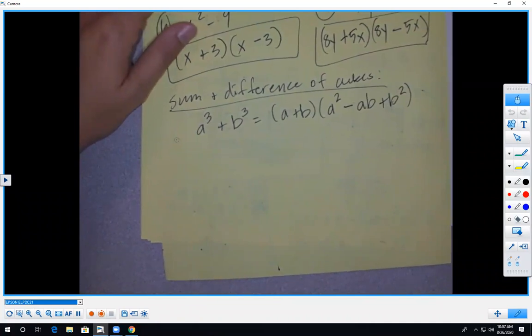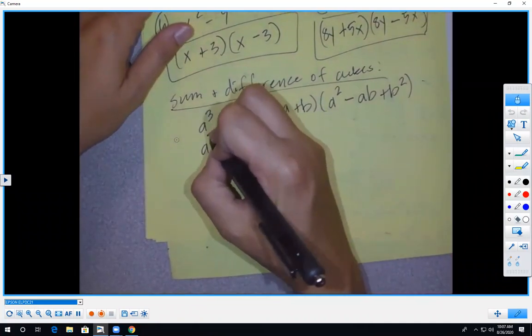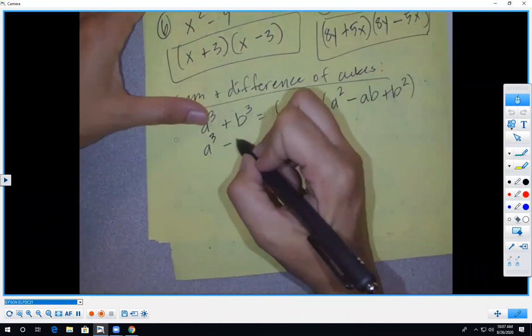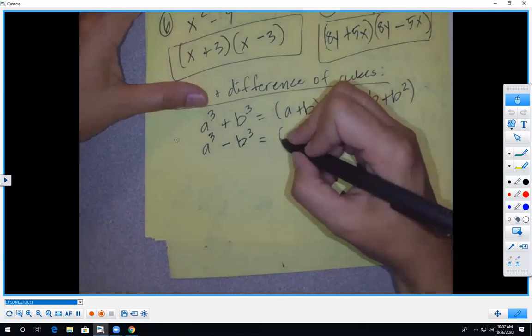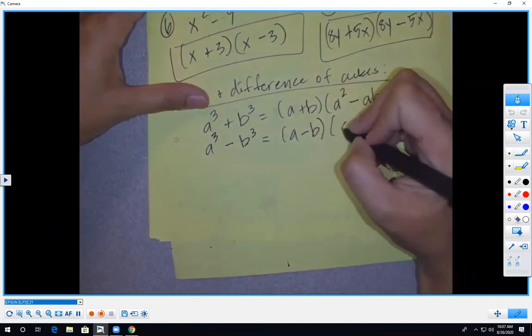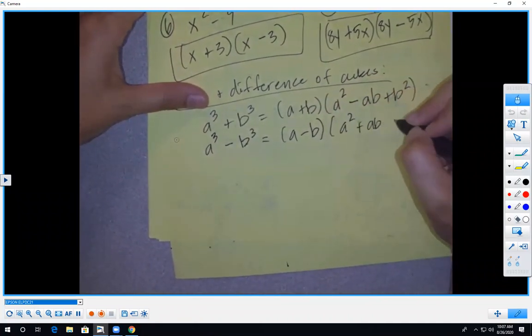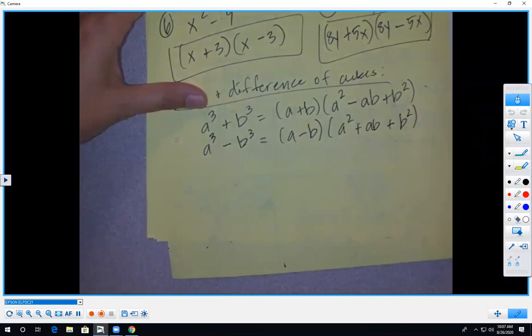The difference of cubes is the same thing, but the signs are different. Okay, so if it's a cubed minus b cubed, it factors into a minus b, a squared plus ab, and then the last sign is always the same. It's always plus b squared.